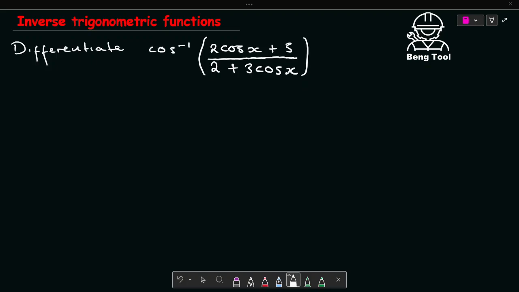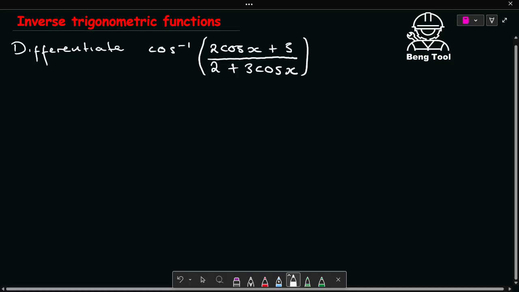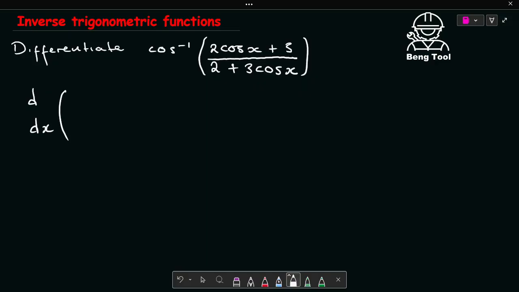Okay, let's solve this one as well. We're finding d/dx of cos inverse in the brackets, (2 cos x plus 3) over (2 plus 3 cos x).